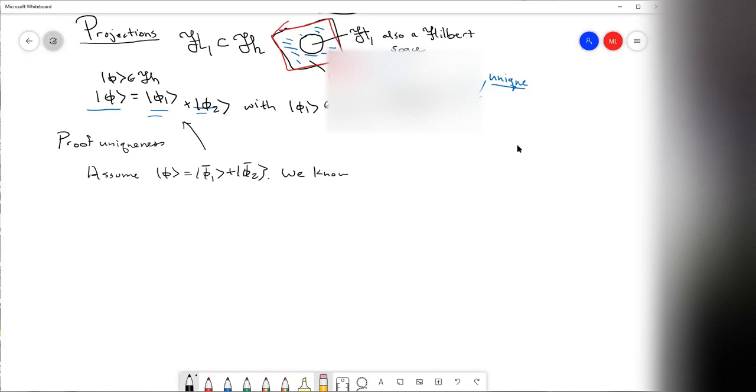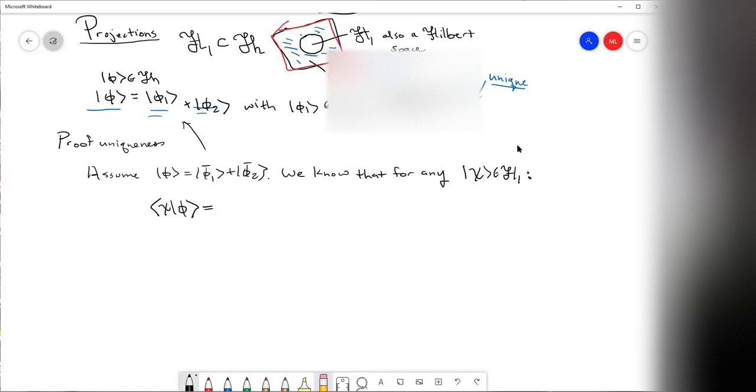the following. We know that for any chi in our H1 subspace, what do we know? We know that we can dot chi into phi if we wanted. And what would that do?